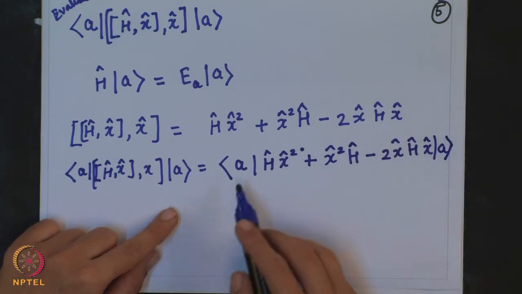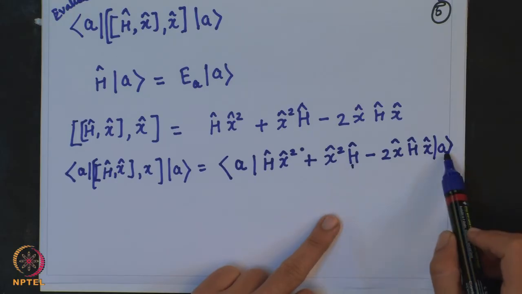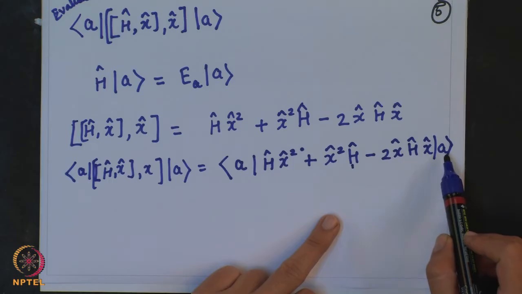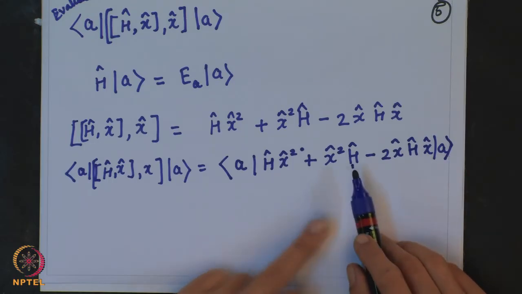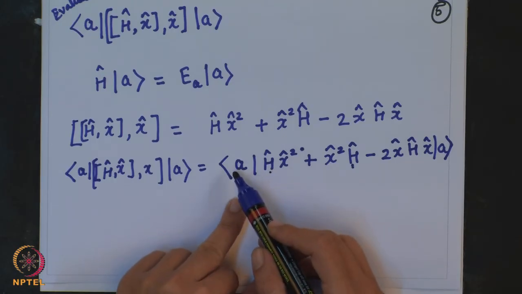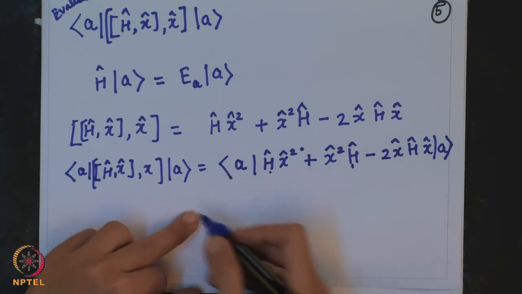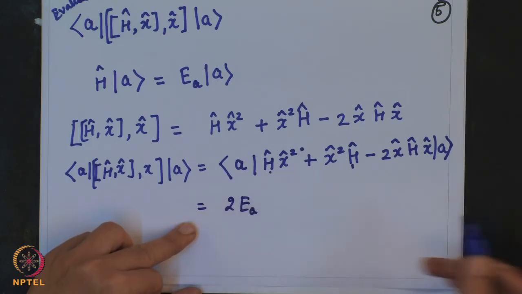Now you can see here again that when the Hamiltonian operator operates on the eigenket, it will give me the energy eigenvalue E A. Similarly, this will operate on this bra and will give me E A. So I will have 2 E A, correct?